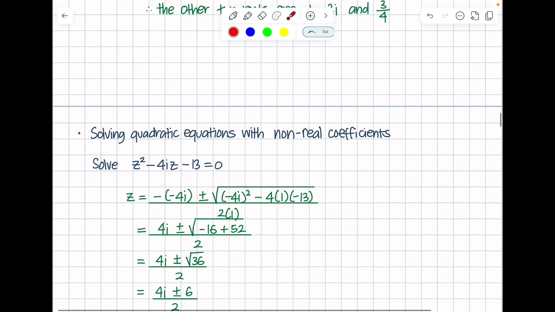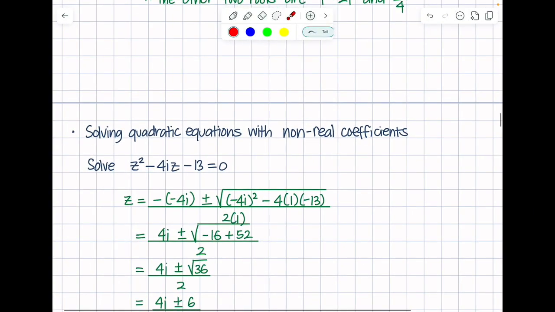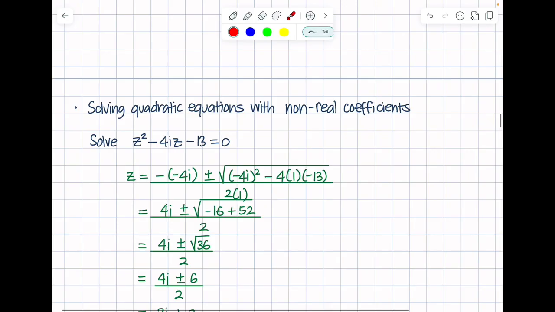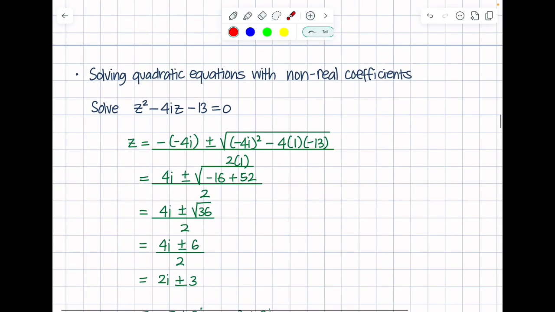How about if the coefficients are non-real numbers? For example, solve z squared minus 4iz minus 13 equals 0. By using the quadratic formula, using a similar method, with a is 1, b is negative 4i, and c equals negative 13.